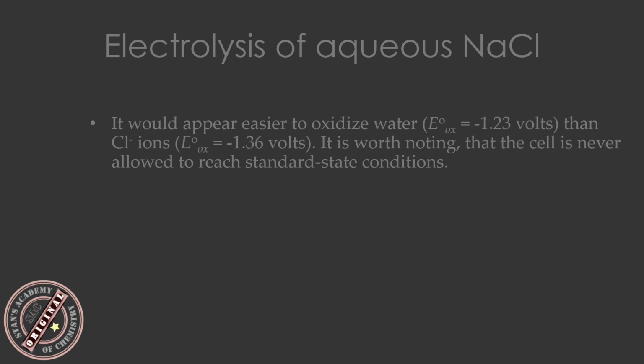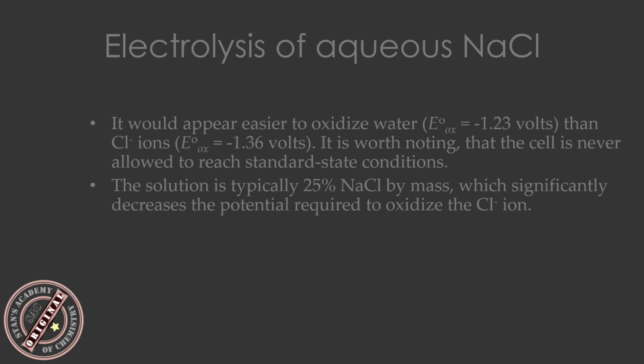It would appear easier to oxidize water than chloride ions, which we have already stated, because water has a higher standard oxidation potential. The solutions which we electrolyze normally have 25% sodium chloride by mass, which significantly decreases the potential required to oxidize the Cl-.